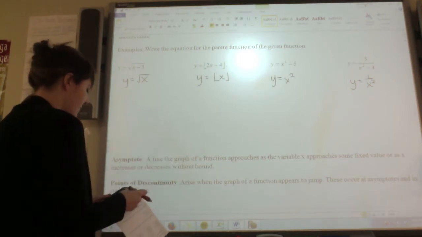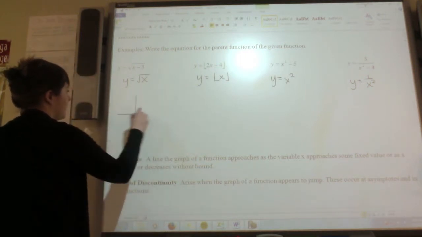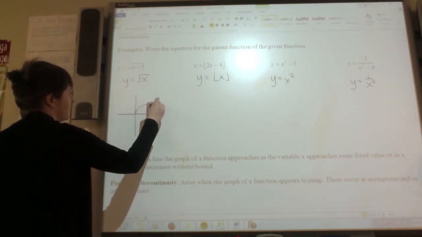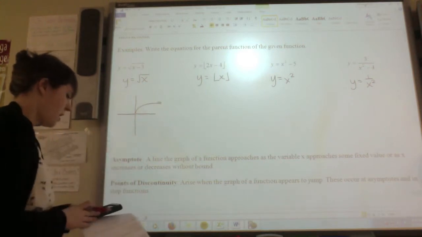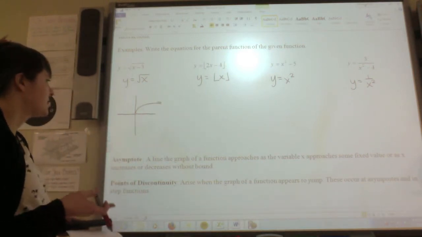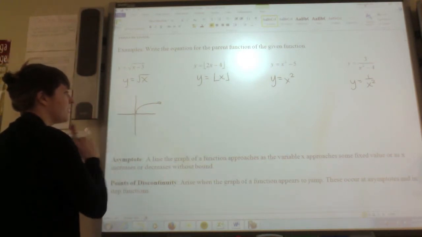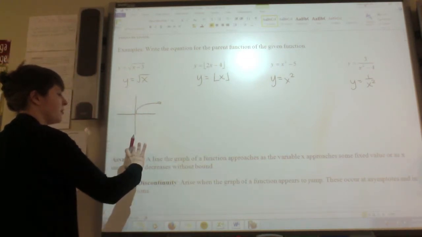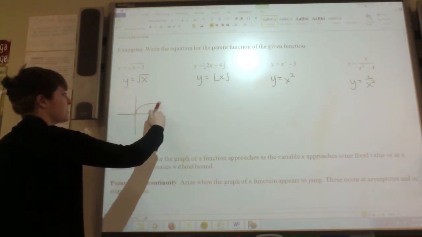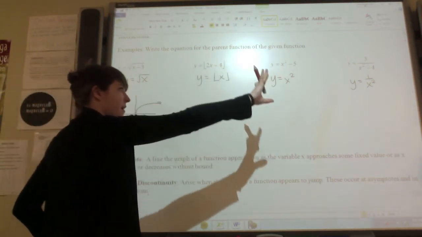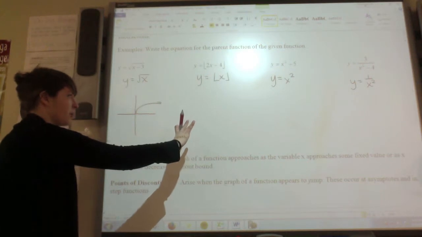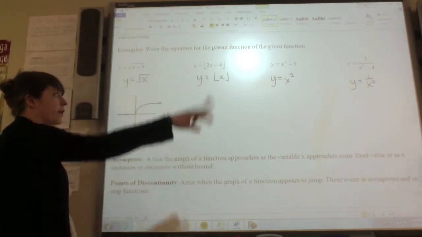If I graph that function, it's going to look something like this. This function actually does not have an asymptote because it stops right here. It doesn't actually continue on and approach anything. And this just increases without bound. It's never going to approach a number. It's just going to keep going.